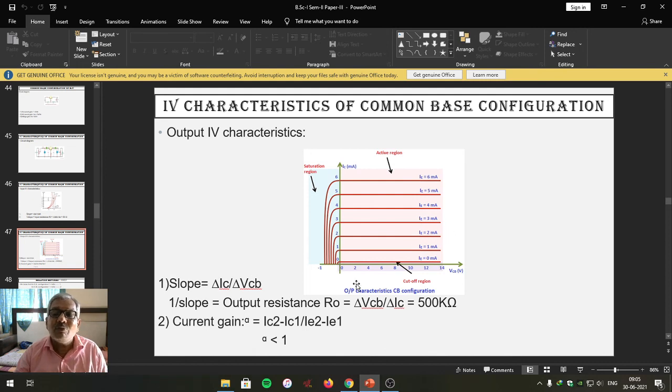Another interpretation we have to draw. Let me consider any of the curve here. I am going to consider the curve for IE equal to say 2 milliampere. All have same natures. What we can say? Here as VCB increases, IC increases for any curve, and for particular value of VCB, IC remains constant.